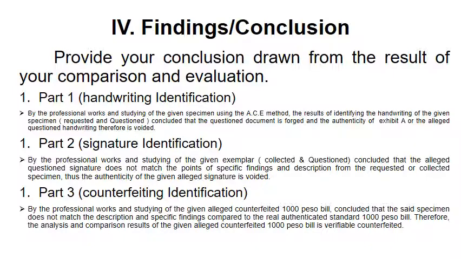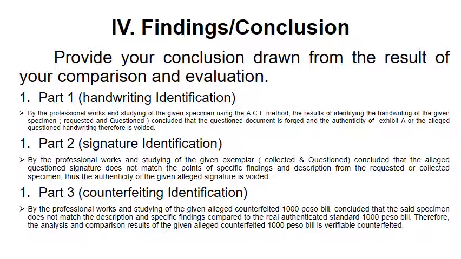In part 2, the signature identification, by the professional work and study of the given exemplar, collected and questioned, concluded that the alleged questioned signature does not match the points of its specific findings and description for the requested or collected specimen. Thus, the authenticity of the given alleged signature is voided.